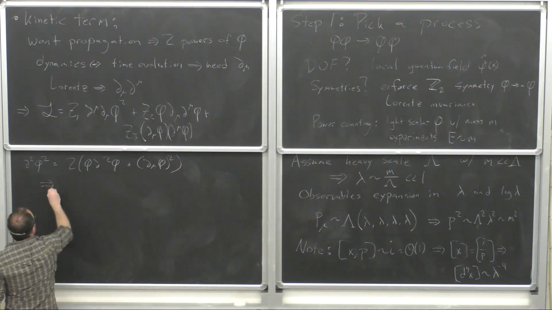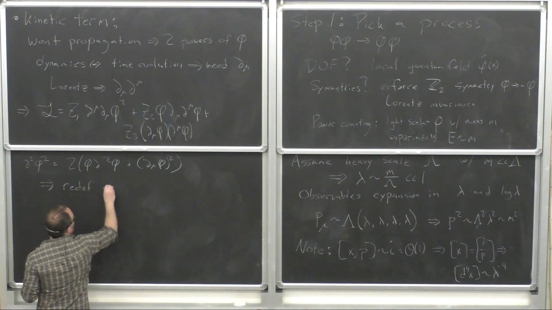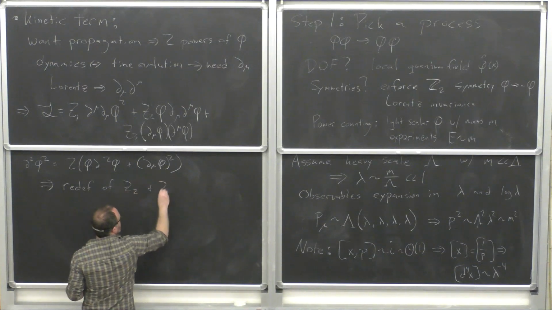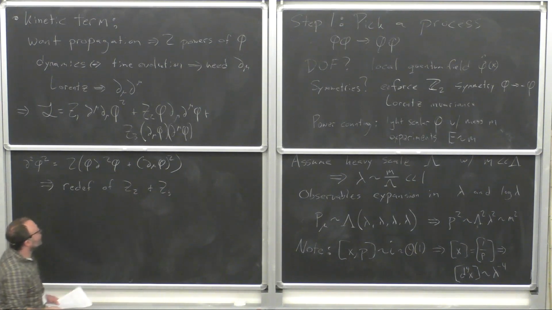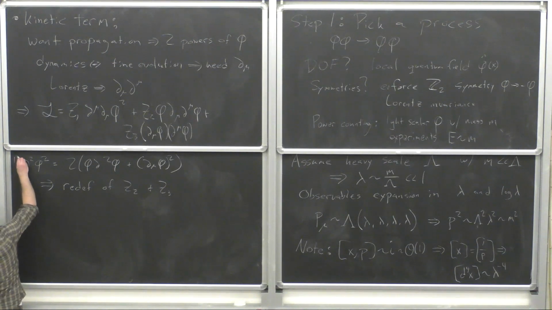Okay, so this amounts to a redefinition of z2 and z3. In other words, I can always shift z2 and z3 to absorb z1. Okay, so z1 can't be physical. So that's how to deal with the first term.